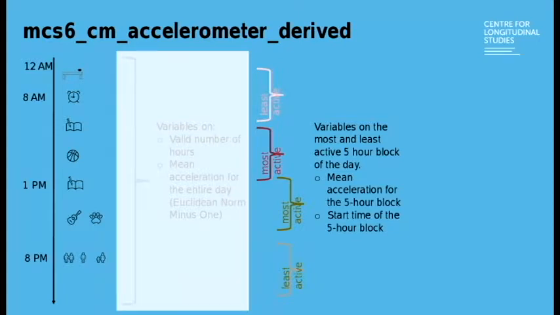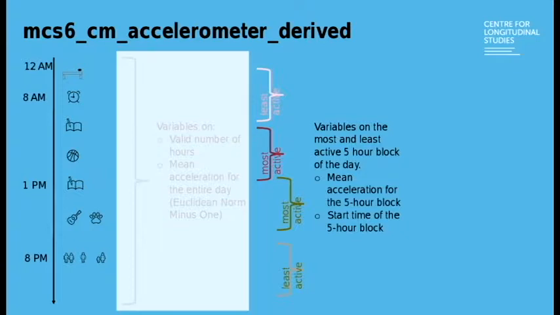Word of caution here is that, for example, imagine that a cohort child goes for running in the morning and in the evening as well. These variables, as most active 5-hour block, will capture only the one active part of the day, and not the other one. So it may capture only the morning and not the evening.